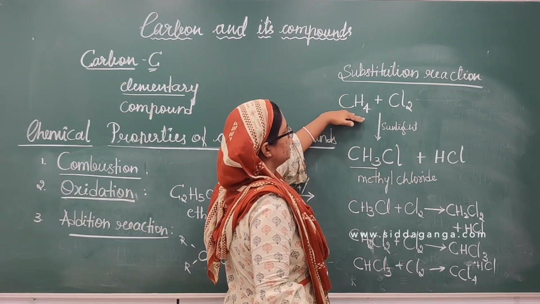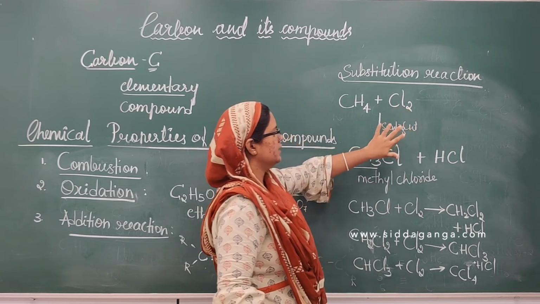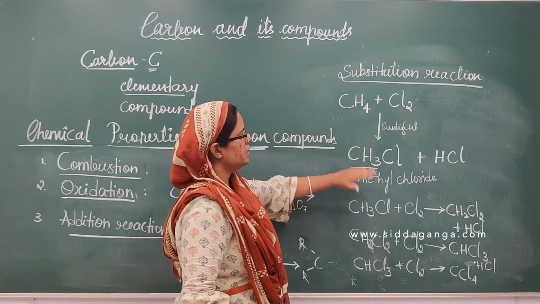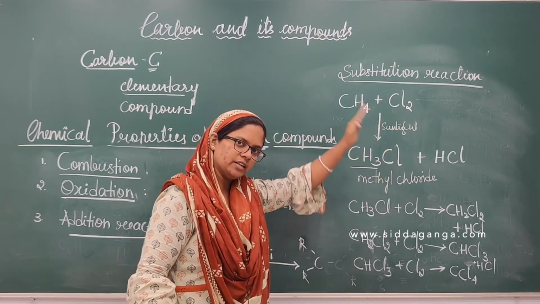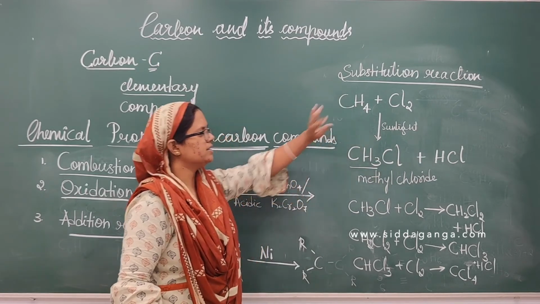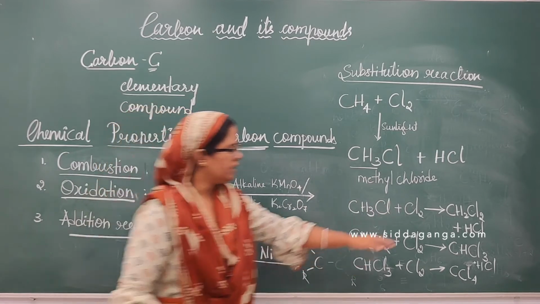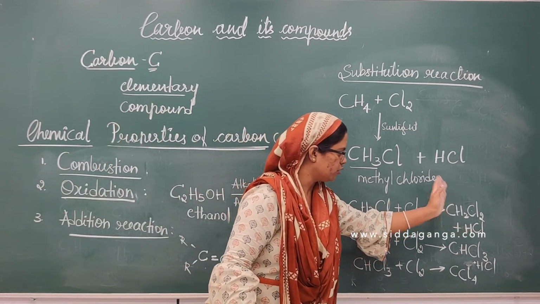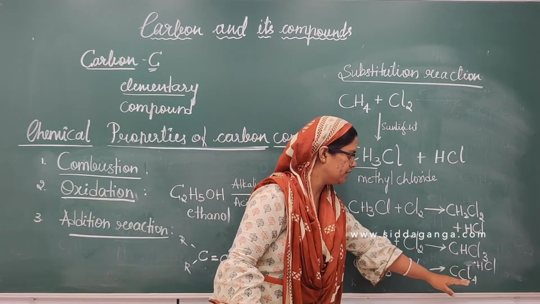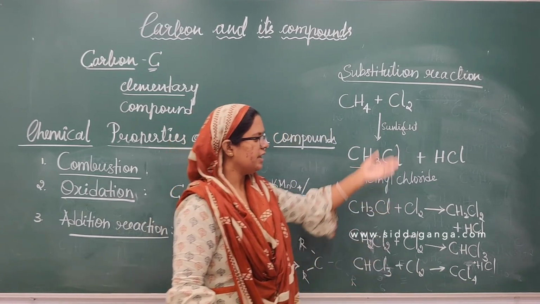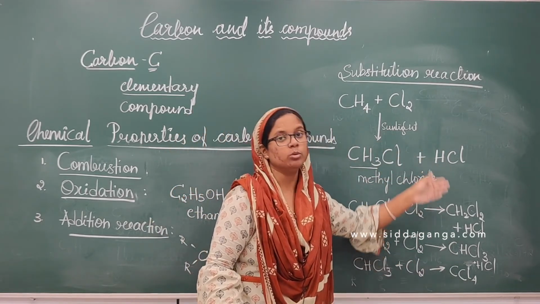That is, when methane combines with chlorine in the presence of sunlight, it gives methyl chloride. If you continue the reaction under sunlight, that gives all these: dichloromethane, trichloromethane, tetrachloromethane. And every compound has its own importance.